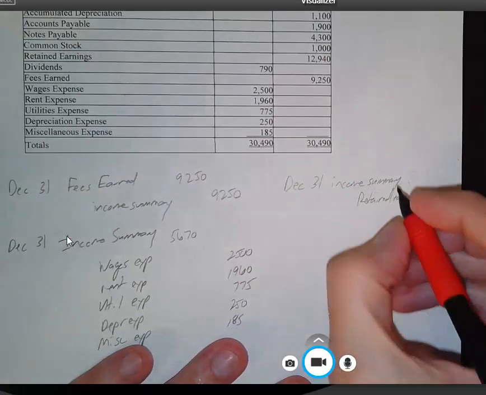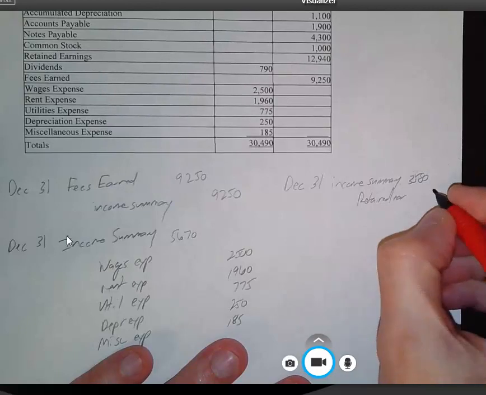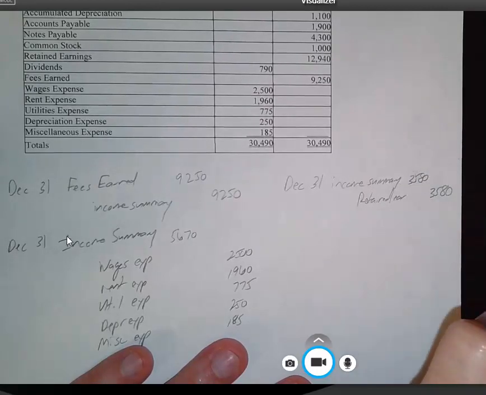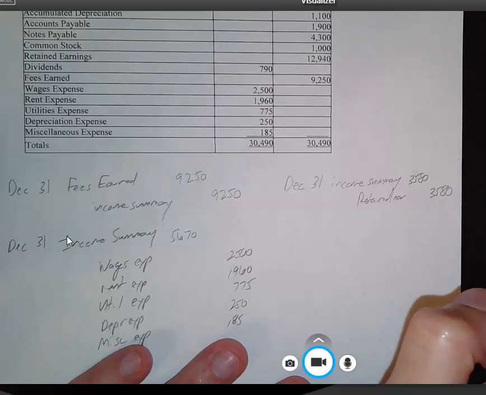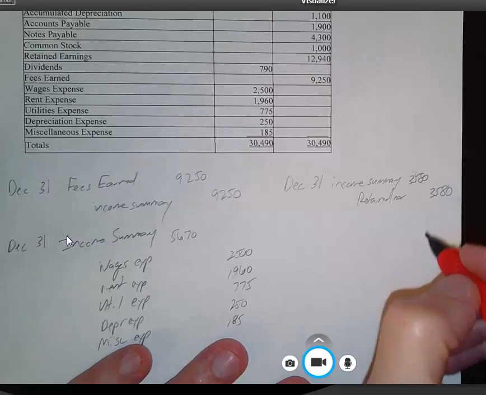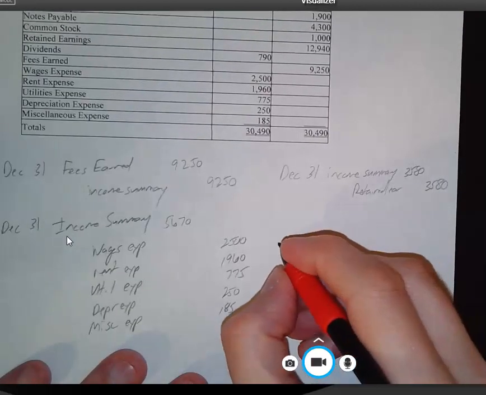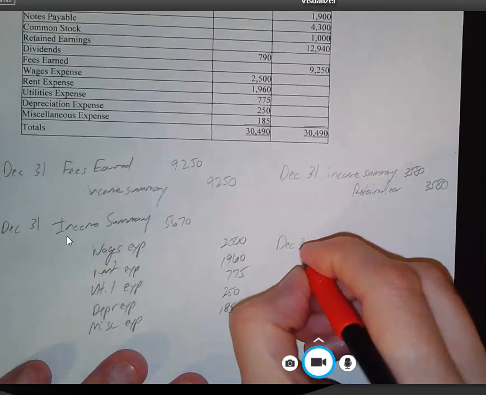We're going to debit income summary for 3580, and we're going to credit retained earnings for 3580. So let's think about this now, that net income of 3580 had a credit balance, and that's going directly into retained earnings here. Okay, and then we're going to make one more closing entry on December 31st.